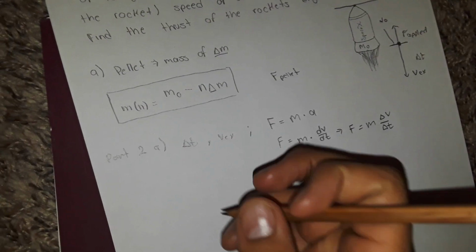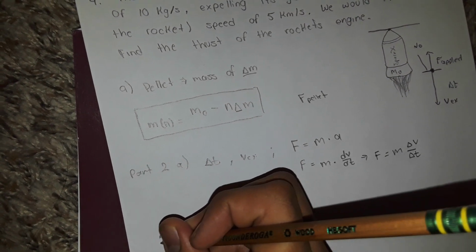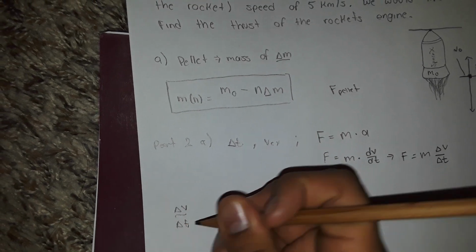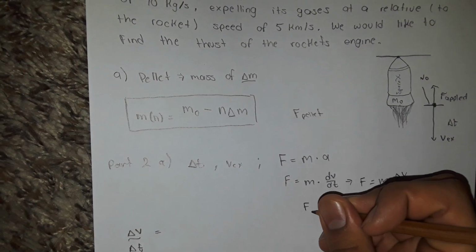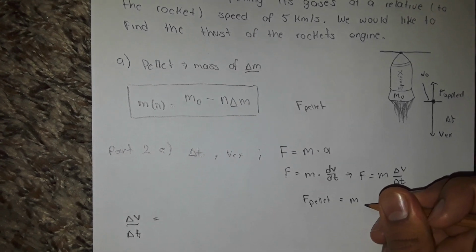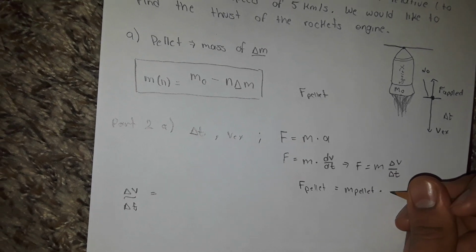And we can find delta v and delta t. So for the pellet, we can say force of pellet is equal to mass of pellet times acceleration of pellet.